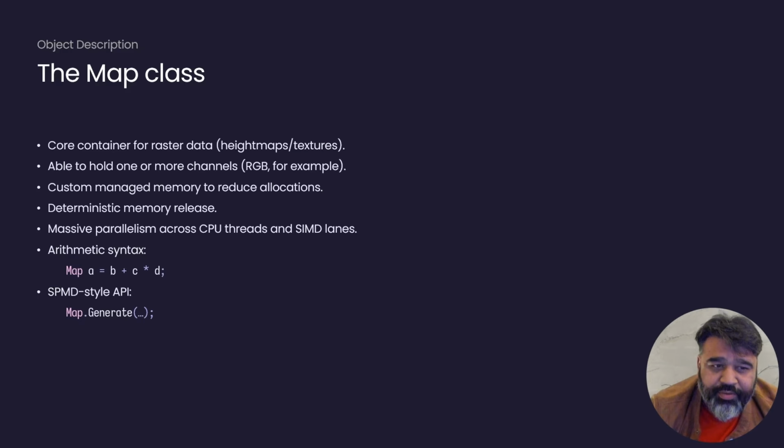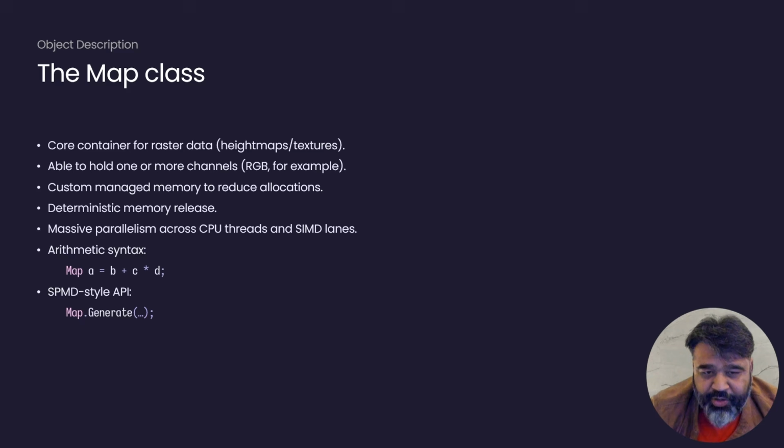We also needed to deterministically release memory when needed so that we could have precise control over how everything worked within a given algorithm. And then possibly most importantly, we wanted to emphasize massive parallelism so that we're using every CPU thread available, every SIMD lane.